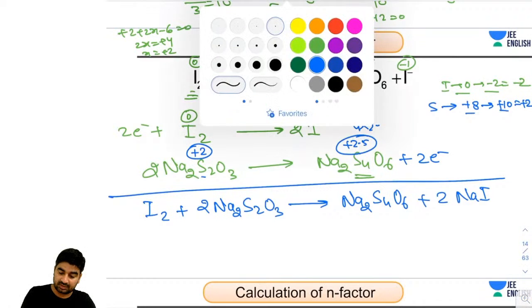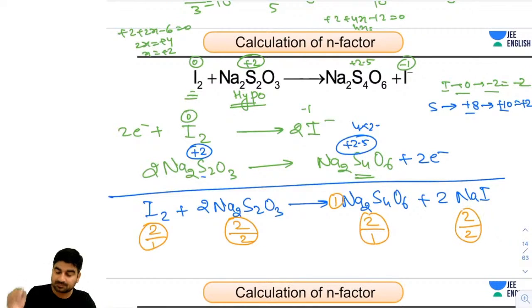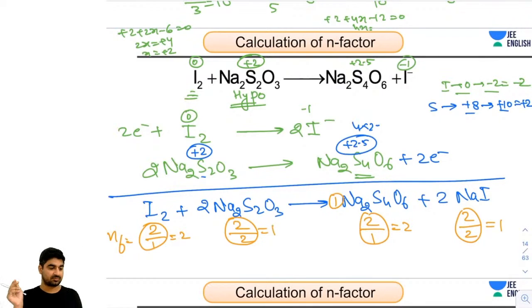You can do now one thing. There are two electrons over here. Now divide by stoichiometric coefficient. Right? So your n factor would be 2, 1, 2 and 1.